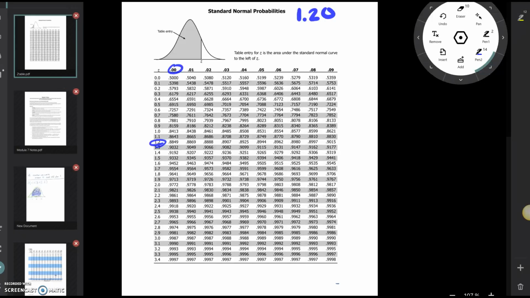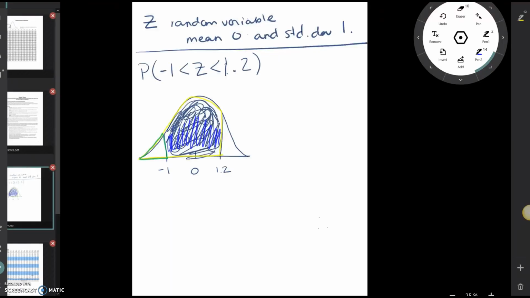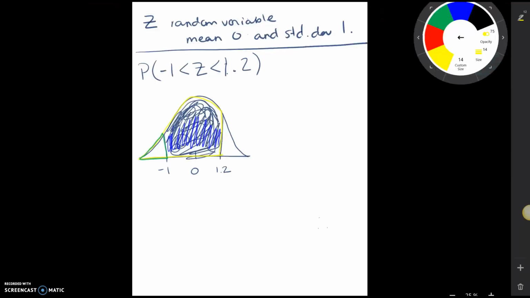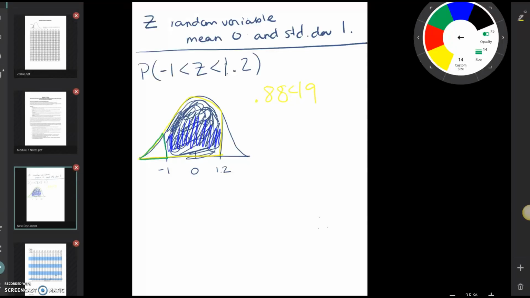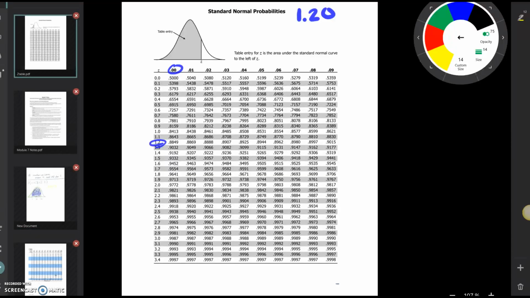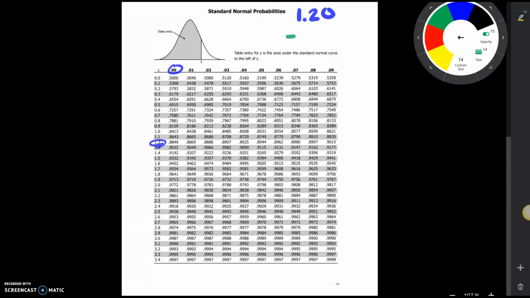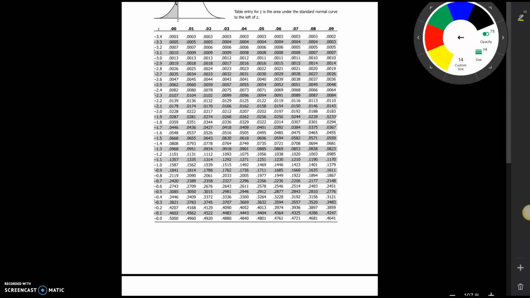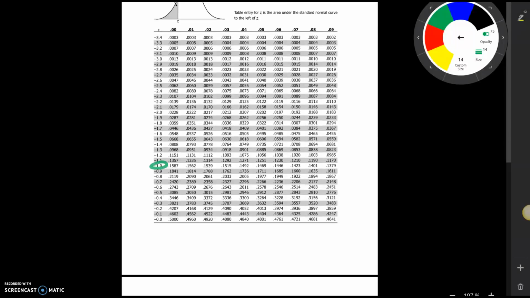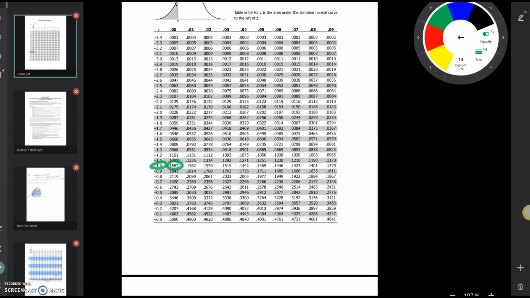So going back to my paper, I know that the yellow area is 0.8849. Now let's find the green. Going over here, we're going to look up -1. So going to the negative side, I've got -1.00, so 0.1587.